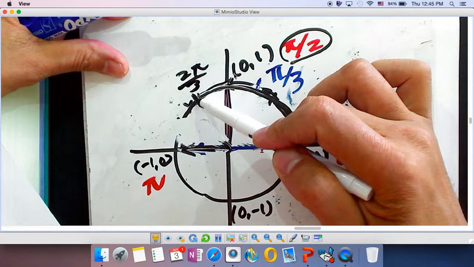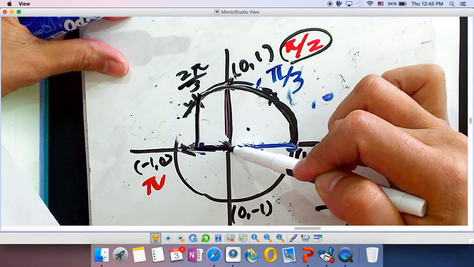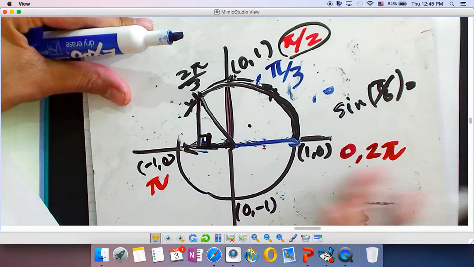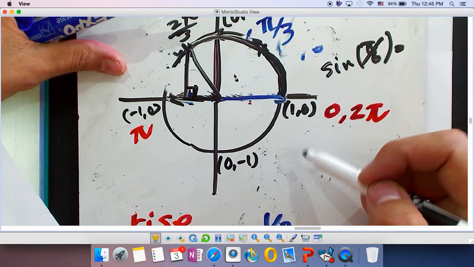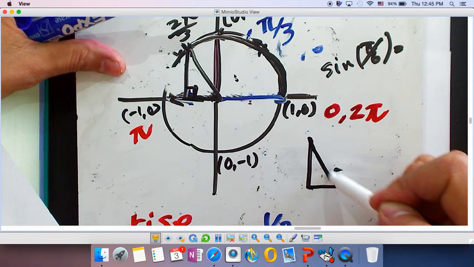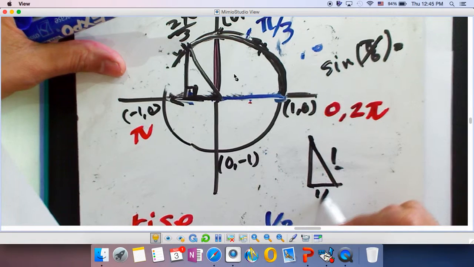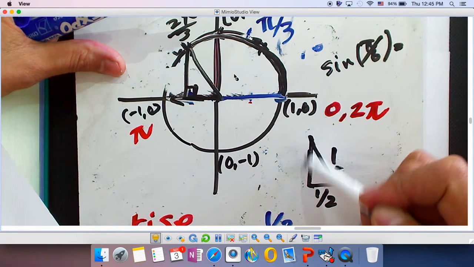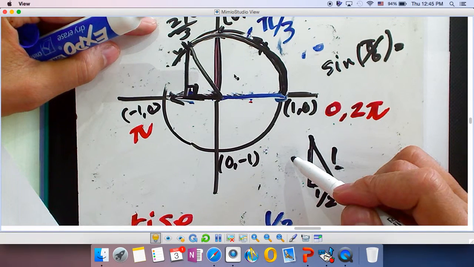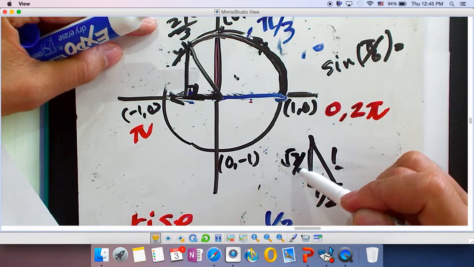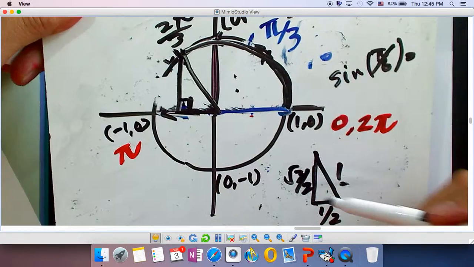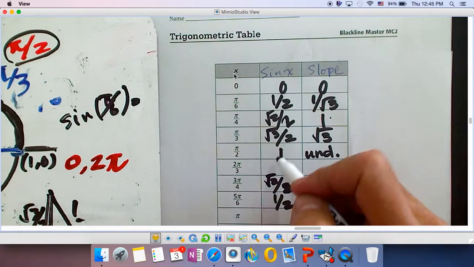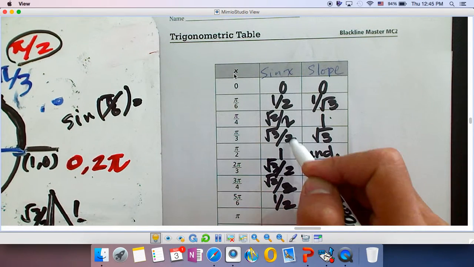And the triangle we see is half of an equilateral triangle sitting up straight, right? So it goes like this. The radius is 1, the shorter leg is half, and the rise, or sine of 2 pi over 3, is square root of 3 over 2, which is the same as this one.